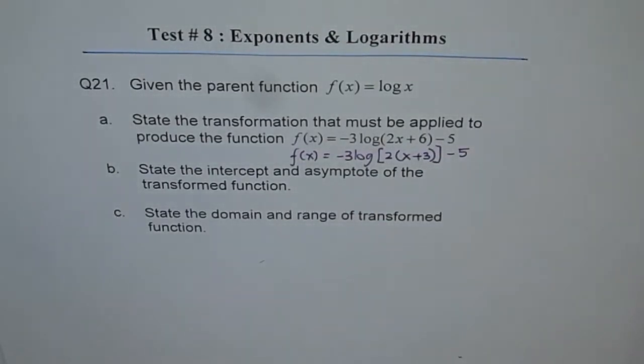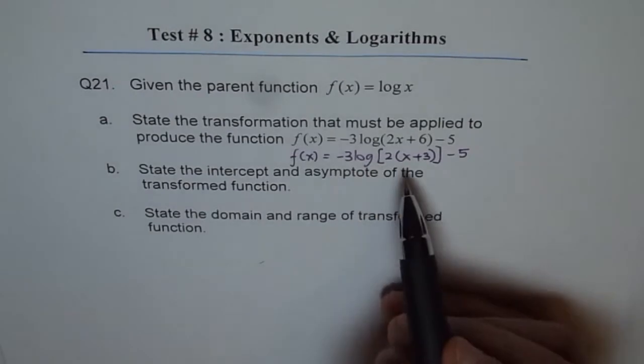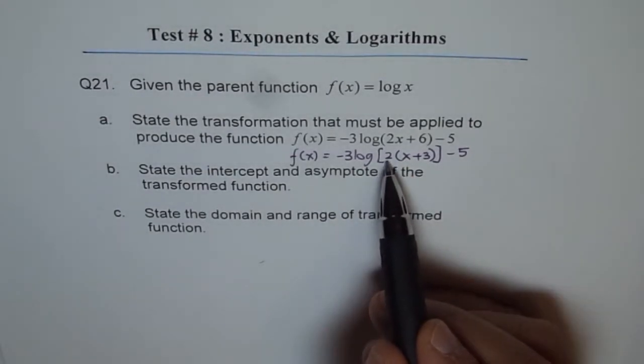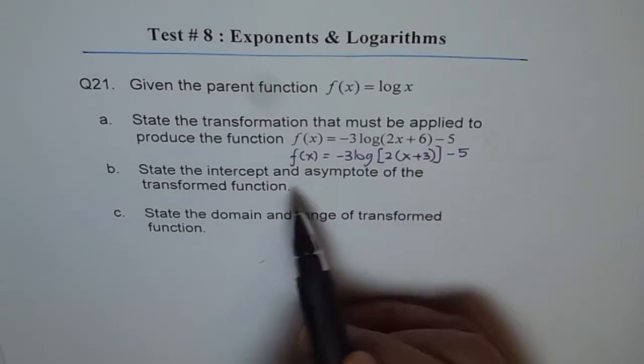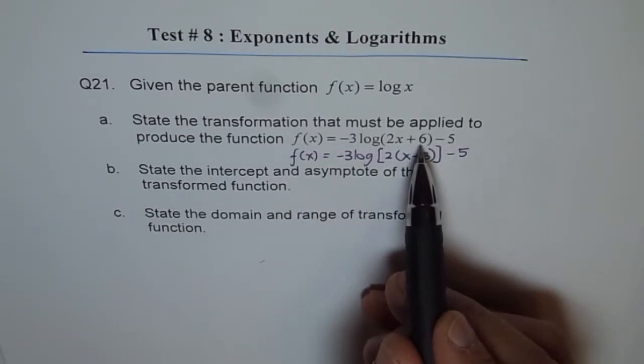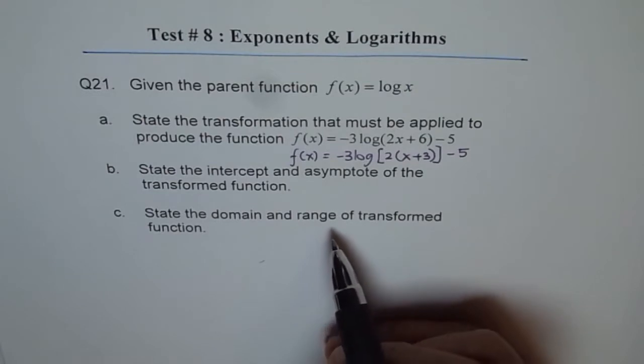That makes a huge difference, and those students who don't factor 2 here will write an incorrect horizontal translation. The horizontal translation in this case is 3 units to the left, not 6 units to the left. That is a huge mistake.